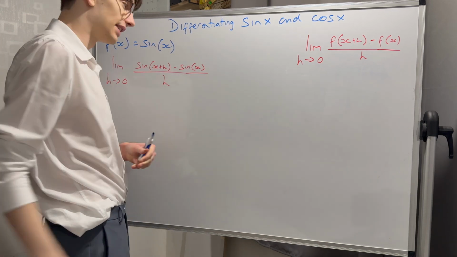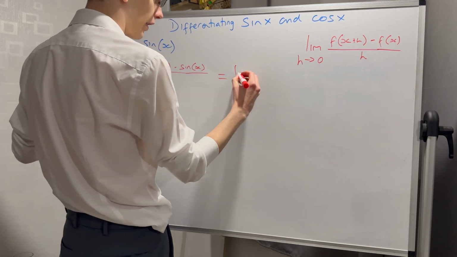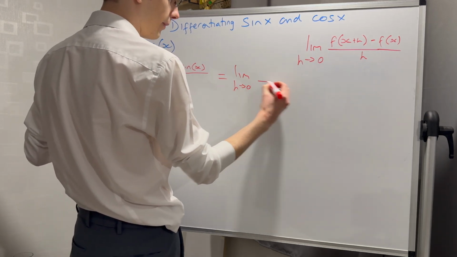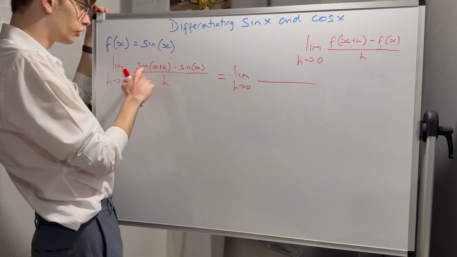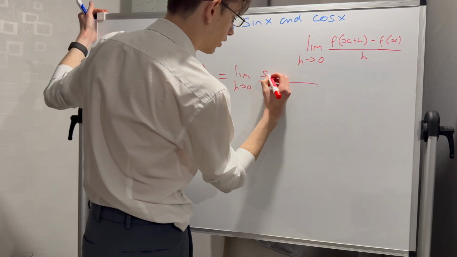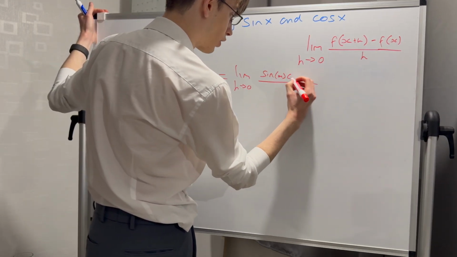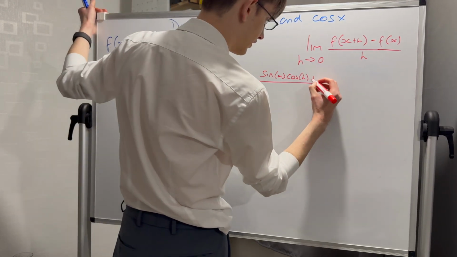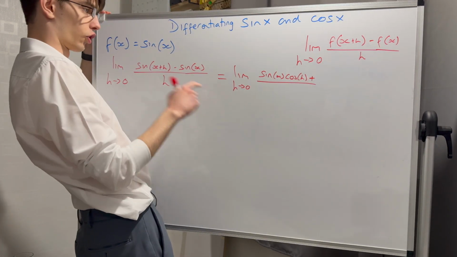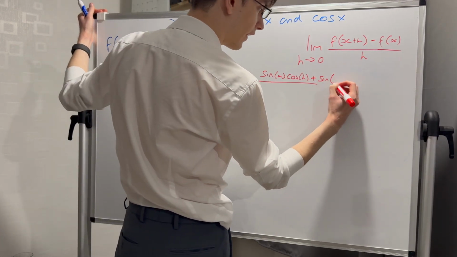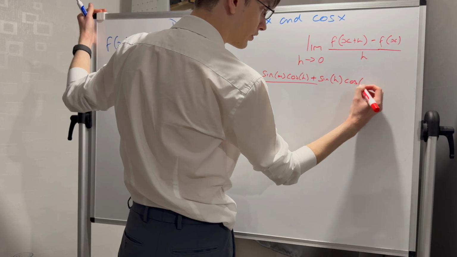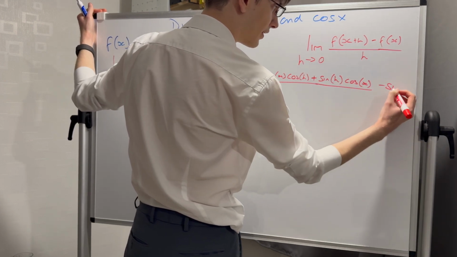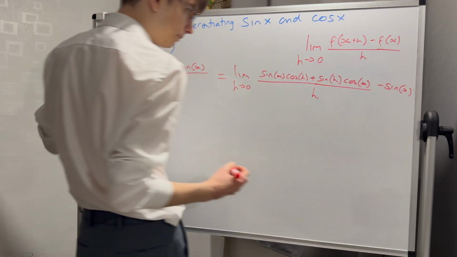And if I pop all that together, then I get, always remembering to keep my limit in until I use it, sine of x plus h becomes sine x cos h, not cosh. If you don't know what cosh is yet, ignore I even said anything, but it always looks like cosh, plus sine h cos x, minus the sine x, divided by h.